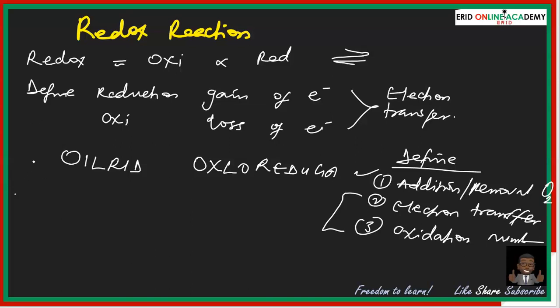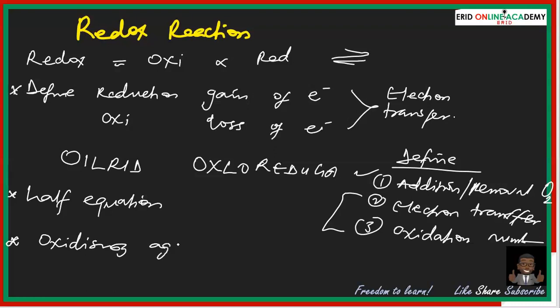Another thing you need to know apart from definition, you need to be able to identify half equations: oxidation half equation and reduction half equation. And you'll be able to tell us the oxidizing agent and the reducing agent.